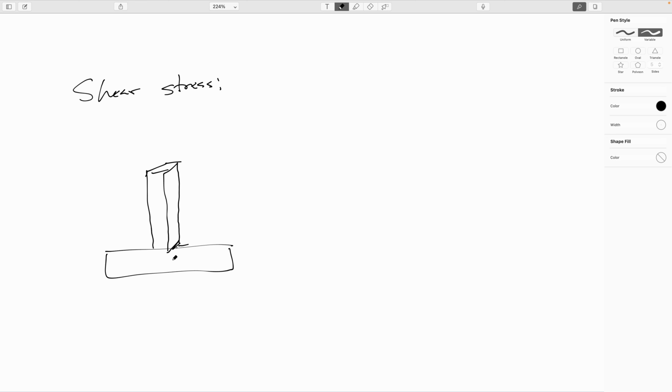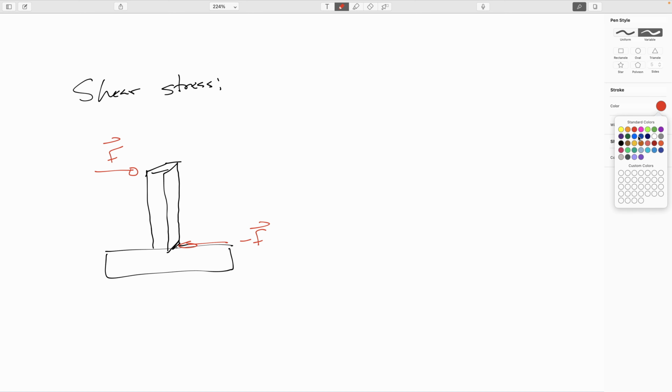Mount it, but now we'll mount it to the floor. And we will go ahead and apply a force like this. And the bracket here would have to apply a force in the opposite direction like that, or else the whole thing would go flying.